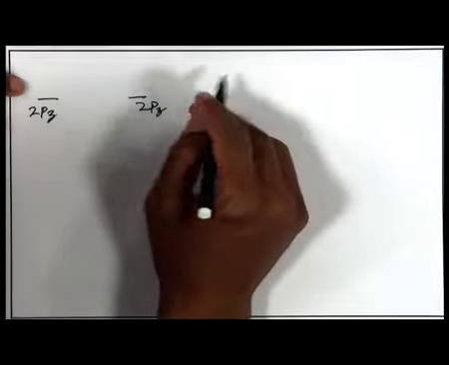Combination of atomic orbitals is possible only if they meet the following conditions. For combination, they should have the same or almost equal energy, then only they can combine.